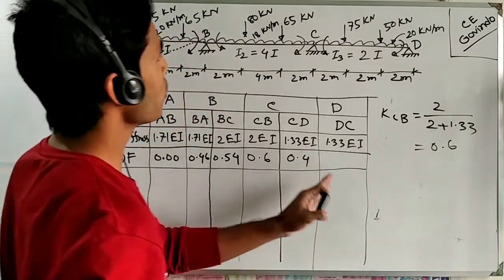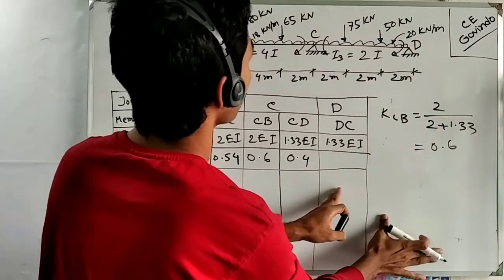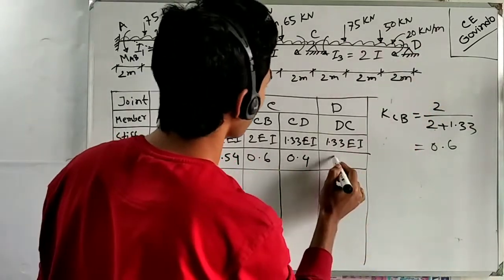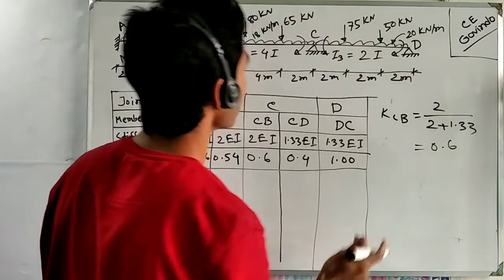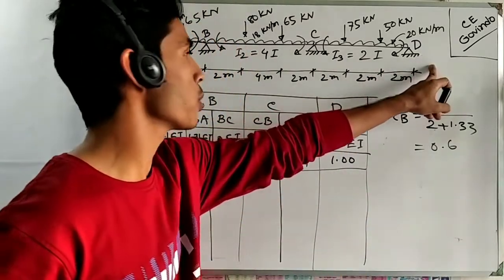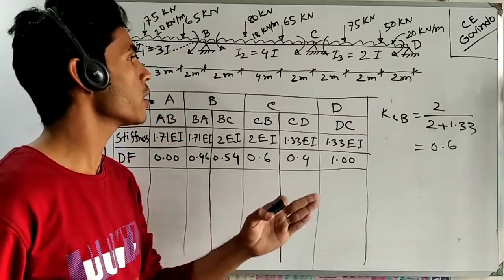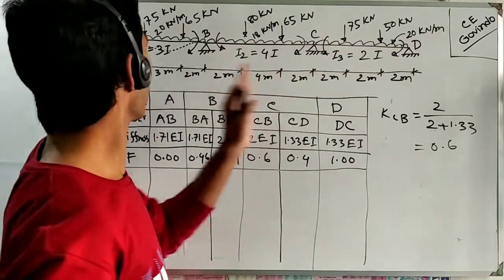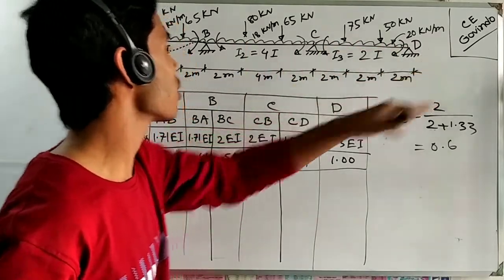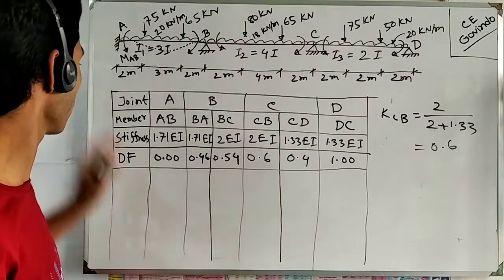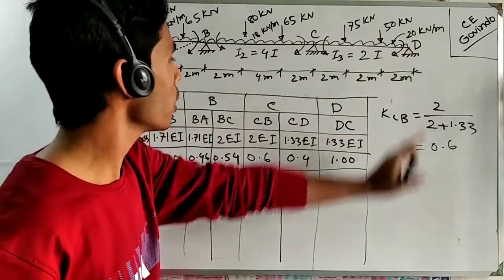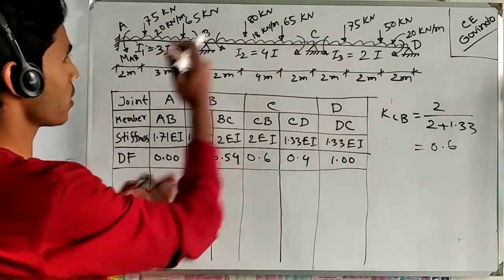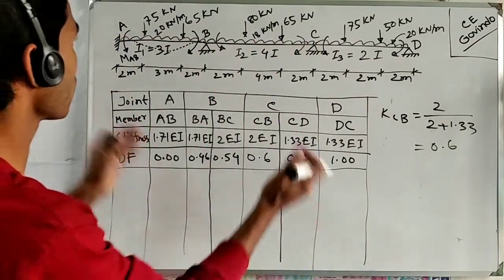And at the exterior joint, when the support is hinged, the distribution factor is 1.00. That is, no moment will be carried by the support, because a hinge support cannot carry any moment. All the moments will be carried by this member. We can say hinge support is just the opposite of fixed support. For fixed support, the distribution factor is 0, and for hinge support, the distribution factor is 1. Now we have all the parameters to analyze this beam.